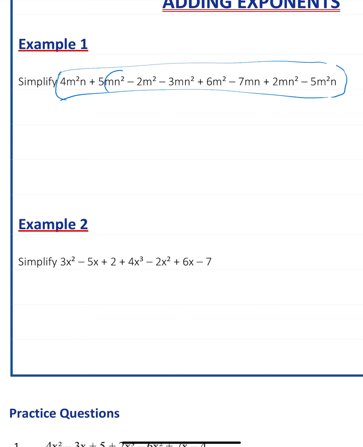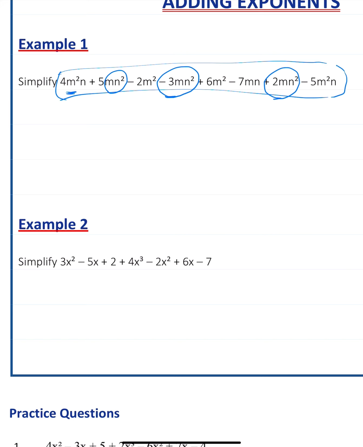So look at mn squared here. That mn squared, this 4m squared n is different from mn squared, right? So we just need to look at like terms and then add them up and go from there. So here's another mn squared, and here's another mn squared.